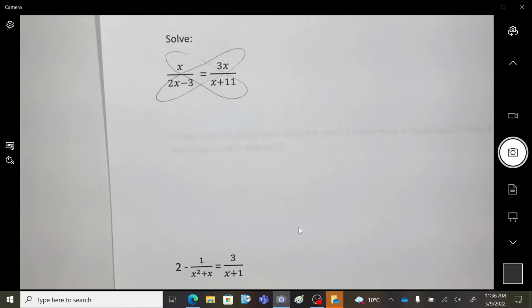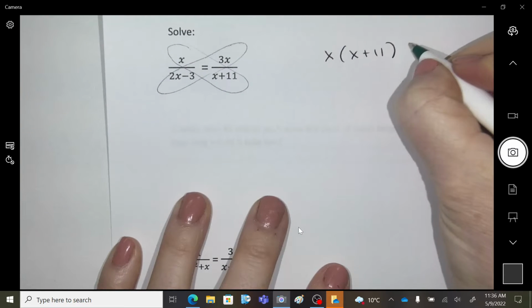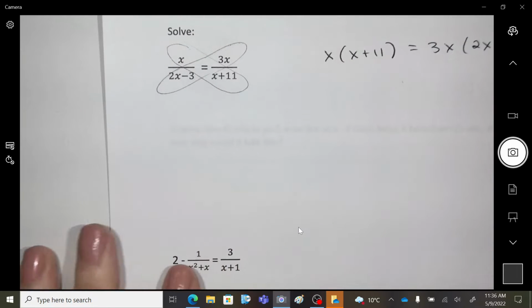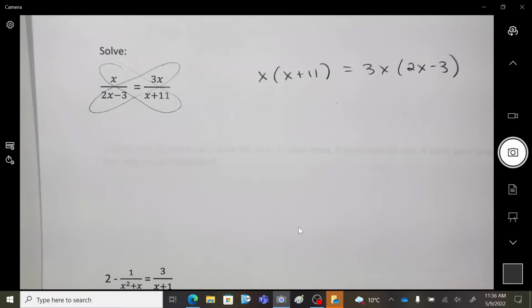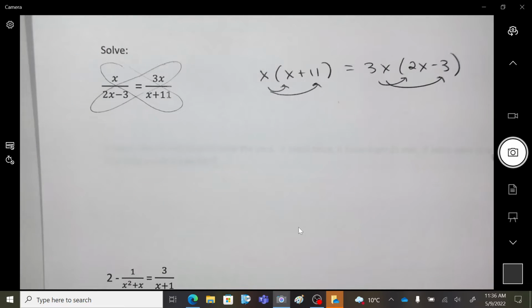The reason is because I only have 1 fraction on each side, and then you can do that. So that times equals that times. Can you work on your distribution here? On both sides, you're going to have to do some distribution.